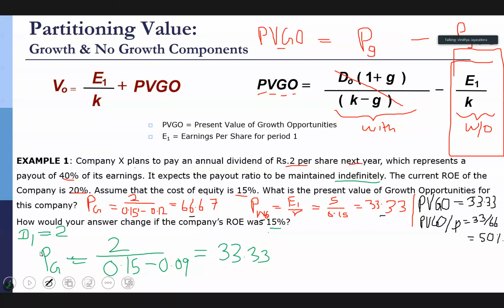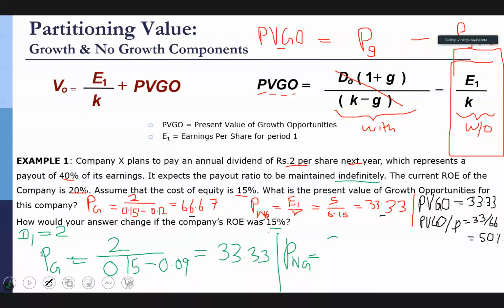That's my growth company's value. What is my no growth company's value? If there is no growth, it's my earnings, not my dividends, my earnings. Because in a no growth company, I'm assuming everything is paid out as dividends. So it's earnings divided by R. So how much are my earnings?